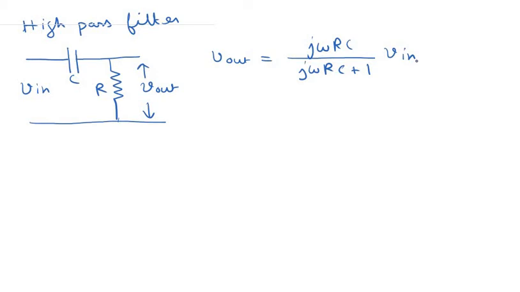Now, under the condition that omega RC is much less than 1, under this condition this j omega RC in the denominator can be neglected with respect to this 1 here.